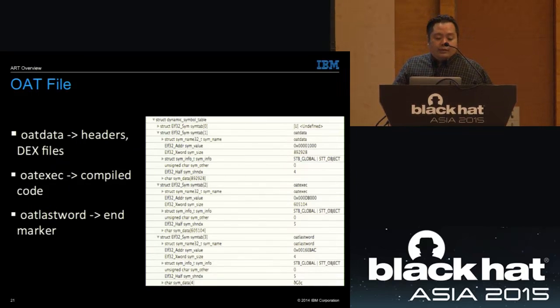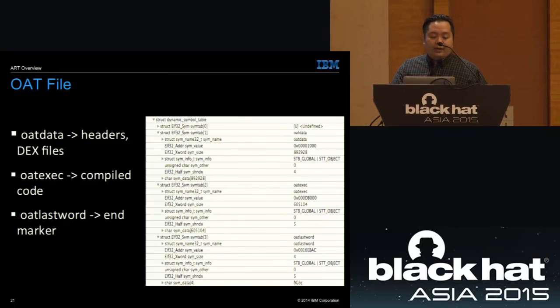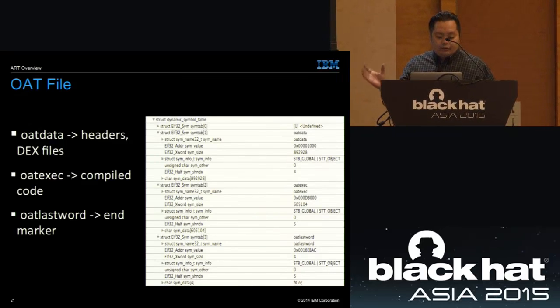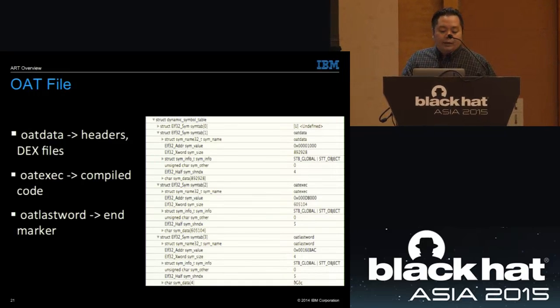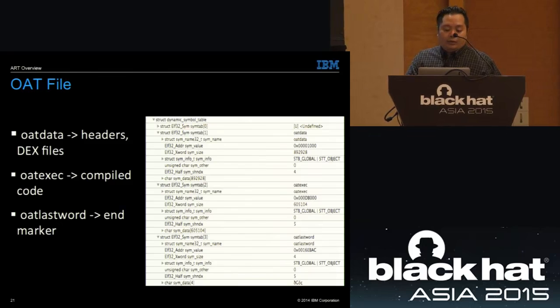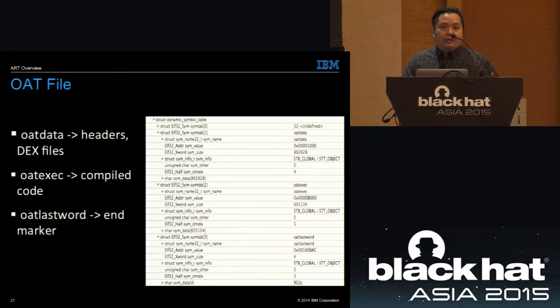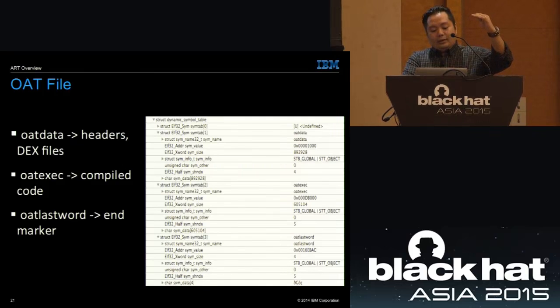The oatdata section contains headers and metadata, and also contains the original dex file that the oat file has been compiled from. Oatexec contains the compiled code, and oatlastword is just an end marker. So when you say an oat file, you can just treat the start of oatdata until the 4 bytes included in oatlastword as a single blob. And afterwards, when I mention offsets, it means that it is relative to the start of oatdata.